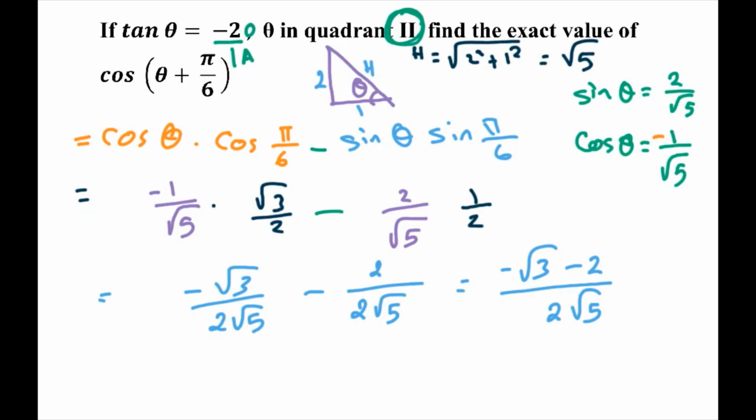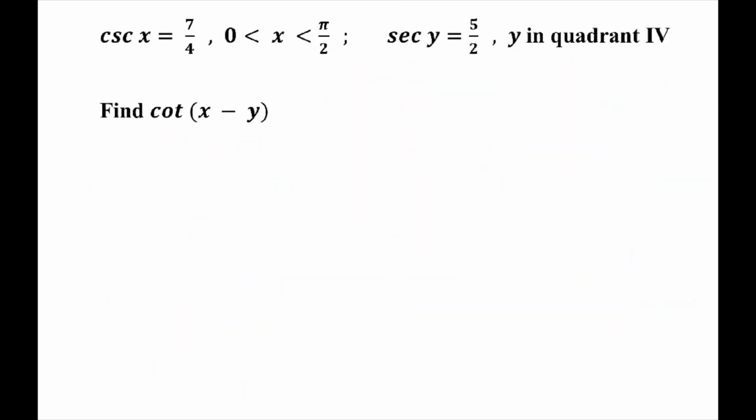Now here you can multiply both by square root of 5. That's going to be equal to, down will be 2 times 5 is 10, and it's going to be negative square root of 15 minus 2 square root of 5.